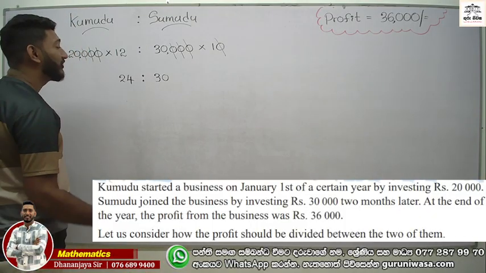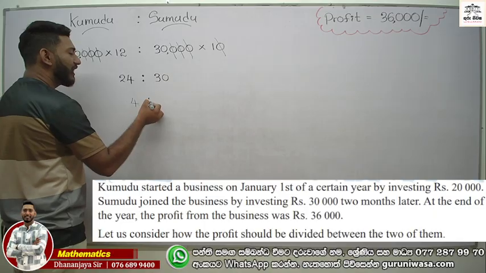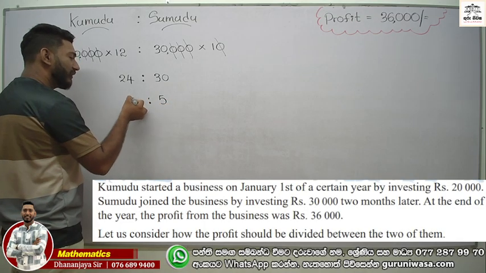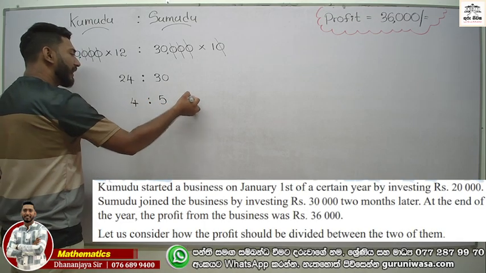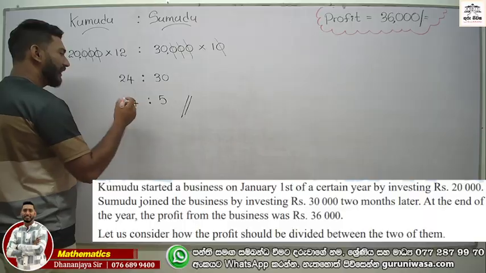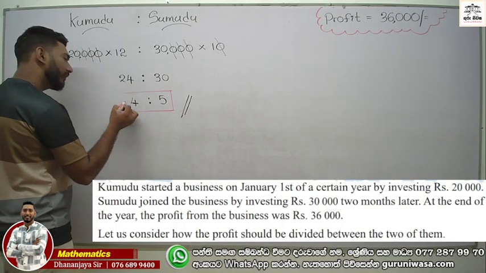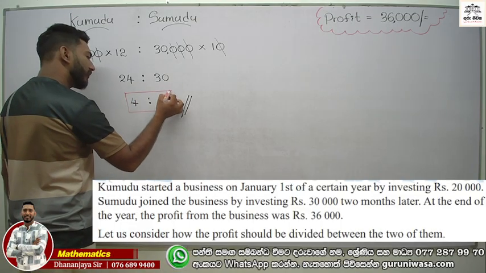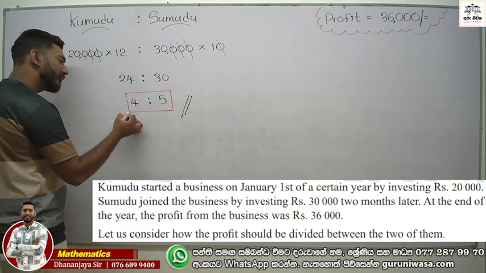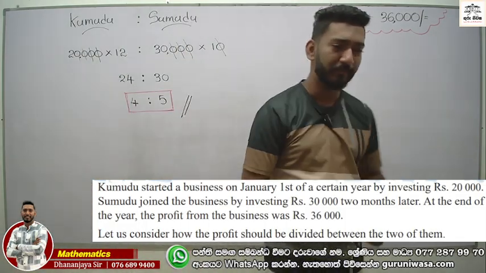Yes, 6. 6 times 4 and 6 times 5. Now, this is the simplified answer. And this is the simplified ratio between Kumudu and Sumudu. Kumudu and Sumudu. Now listen.